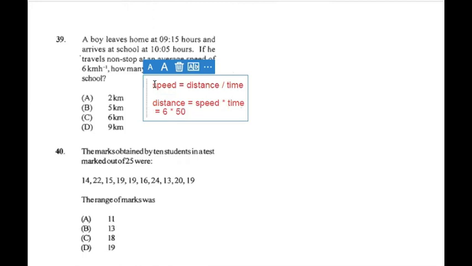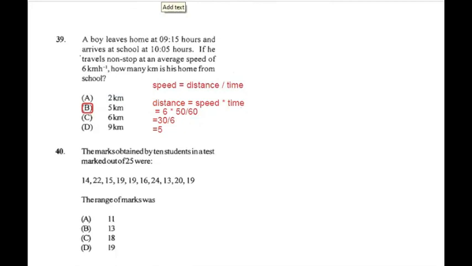But remember, I stated earlier that our time is always in hours, so it will be 50 divided by 60, and that we will get 30 divided by 6, and that is equal to 5 kilometers.